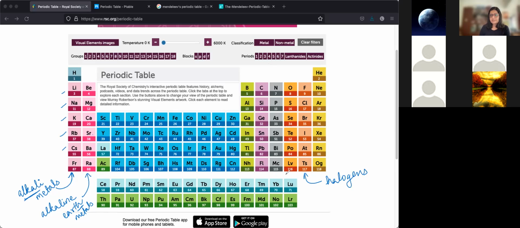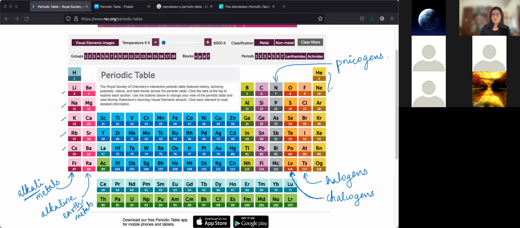Apart from that, group 16, you don't use them that frequently, but just for information, I'll give you guys the names. So this group, they're called chalcogens. And group 15, these guys are called pnictogens.